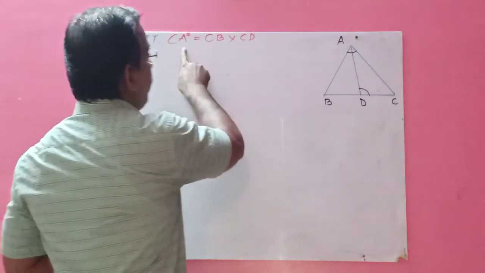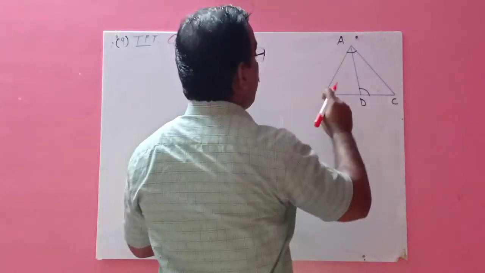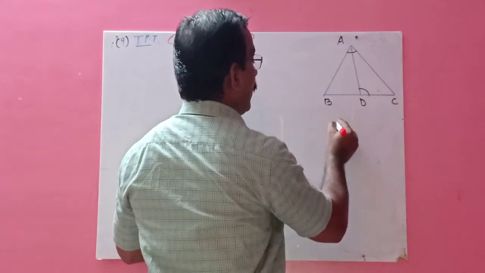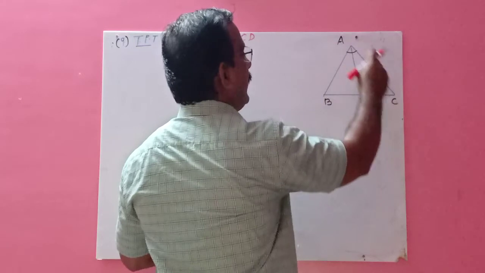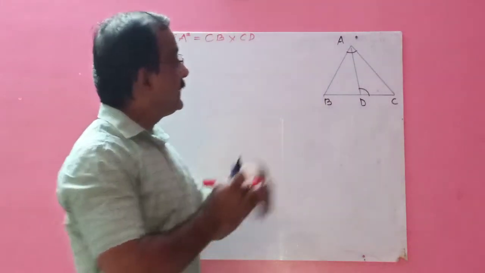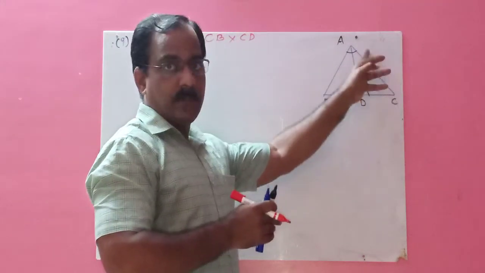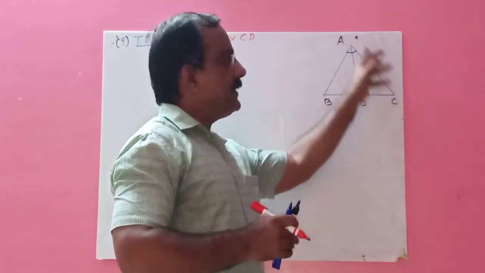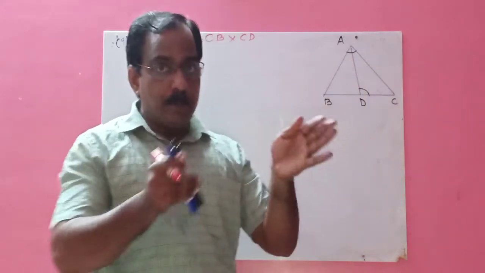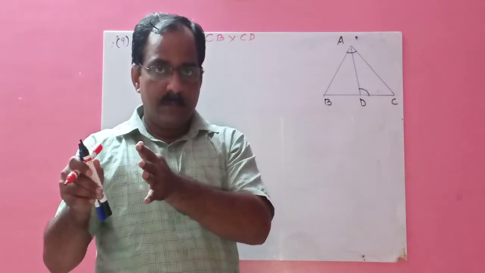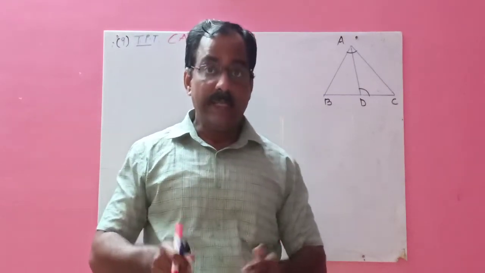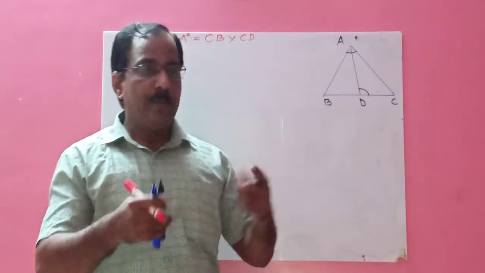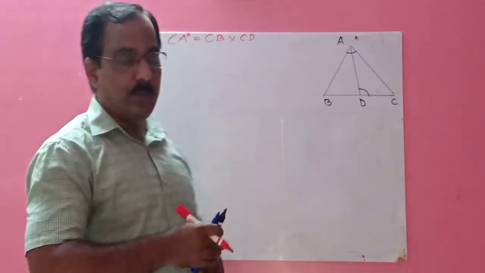If I see first this one, the bigger one, BAC, in that CA is there. Second one is ADC, again CA is there. So if I prove these two triangles similar, then you will get their sides in proportion, and then you will get CA square is equal to CB into CD.